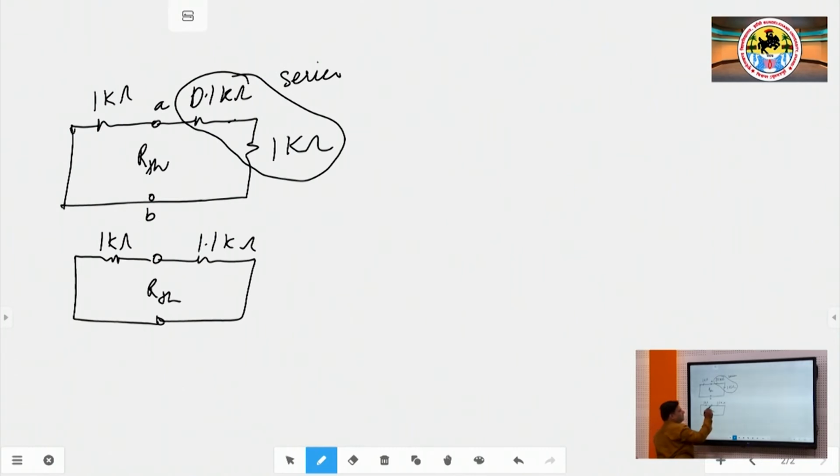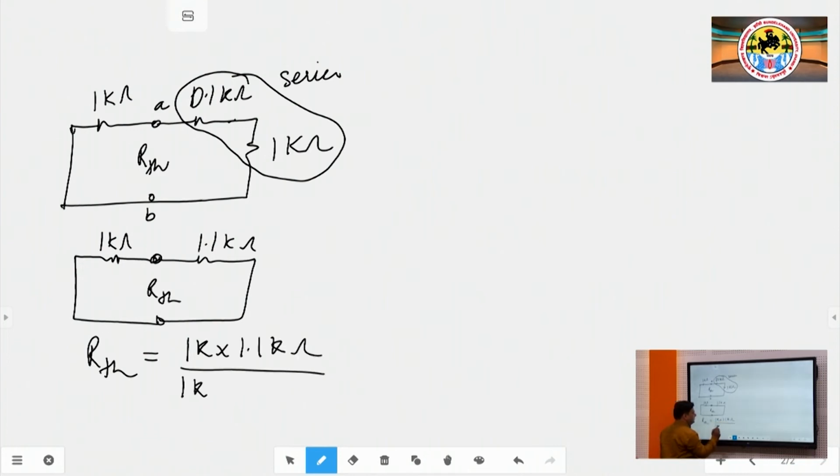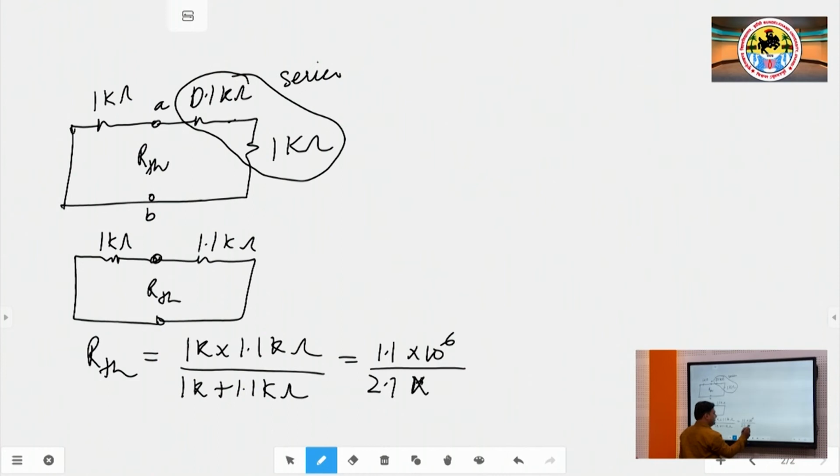So, for finding the net RTH, the 1.1 kilo ohm and 1 kilo ohm are in parallel. So, the formula is 1 kilo ohm into 1.1 kilo ohm upon 1 kilo ohm plus 1.1 kilo ohm. So, it is 1.1 into 10 to the power 6 upon 2.1 kilo ohm, which is equivalent to 10 to the power 3.